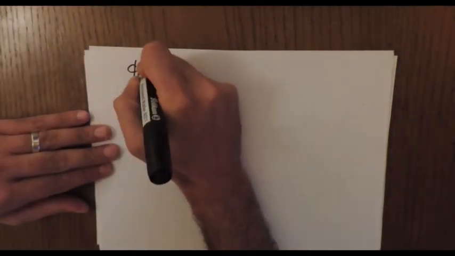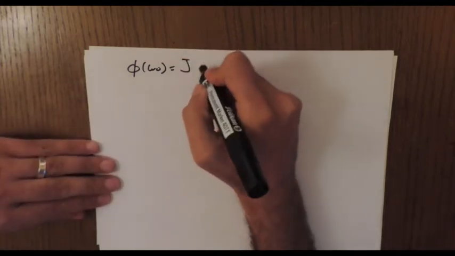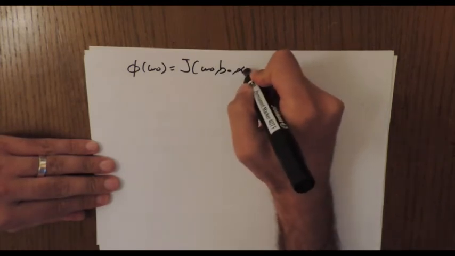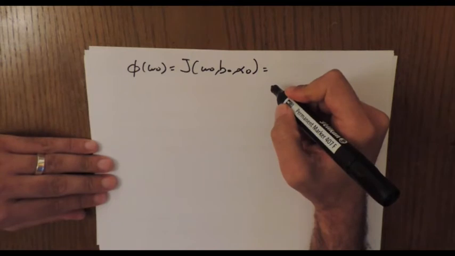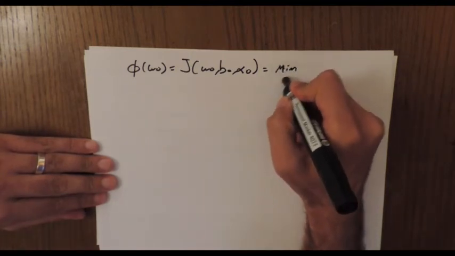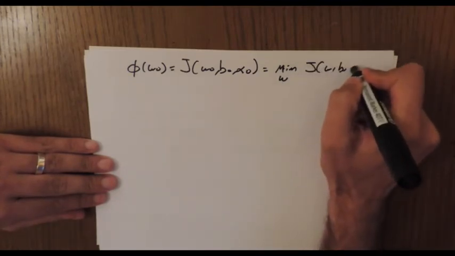As we said, what we were trying to do is we had phi of W0, which is equal to the Lagrangian function of W0, B0, and alpha 0, which are all the optimal values of W0, B0, and alpha 0, which is minimize with respect to W, J of W, B, and alpha.